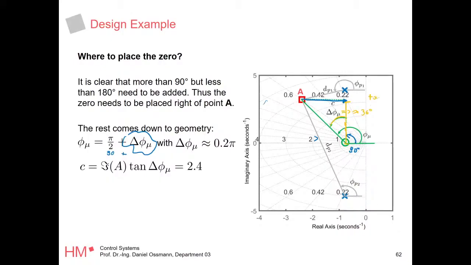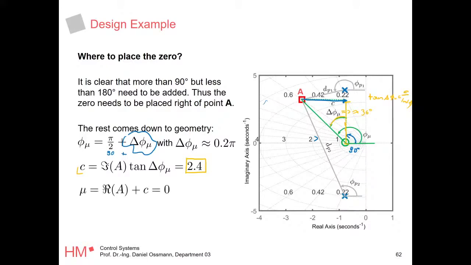What's the tangent of that angle delta? It is nothing but C over the imaginary part of A, right? So we can calculate C out of this. We take the imaginary part of A multiplied by the tangent, and we get a distance of 2.4. So we need to place the 0 at a distance of 2.4 from that point.